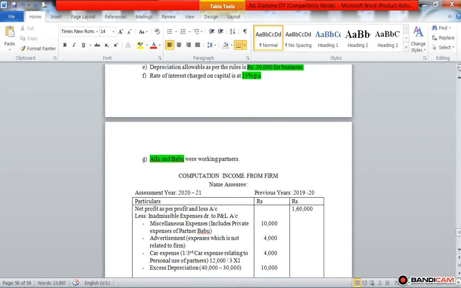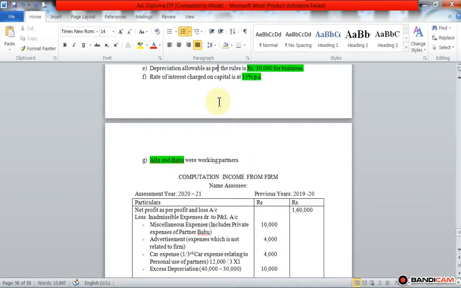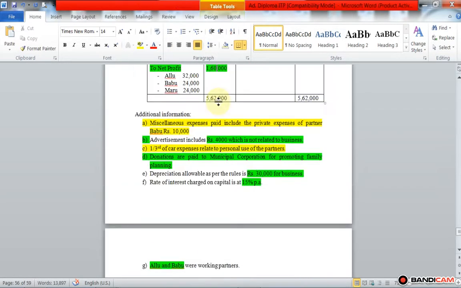So this 10,000 is disallowed. Then rate of interest. If interest on capital is charged at more than 12%, it is taxable.